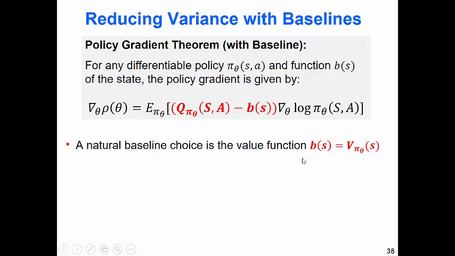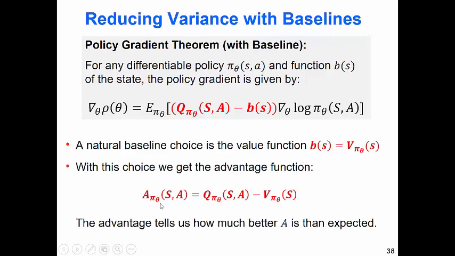Because think about what we're doing here. When you have the baseline, this is something in the literature that's called the advantage function. You'll see this talked about all over the place. Any policy gradient algorithm paper you pick up nowadays will work with advantage functions, sometimes without even defining it, even though you probably should.